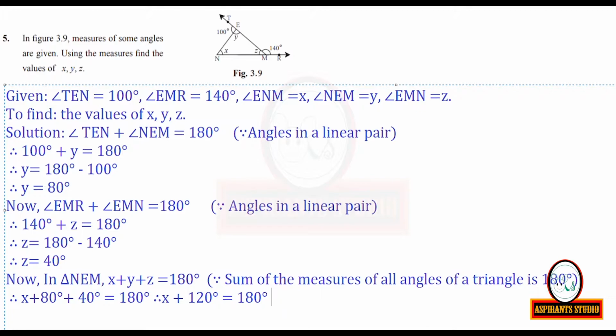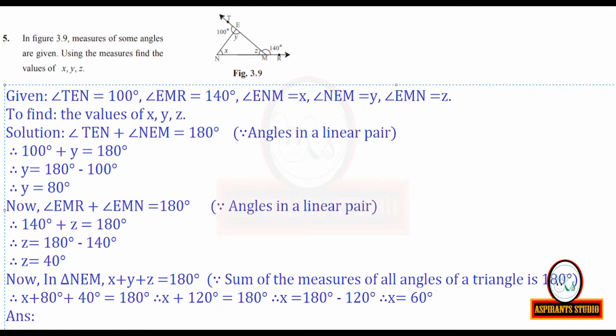Now you take plus 120 to the other side of the equal to sign. You will get it as minus 120 degrees. So, x is equal to 180 degrees minus 120 degrees. Therefore, x is equal to 60 degrees.